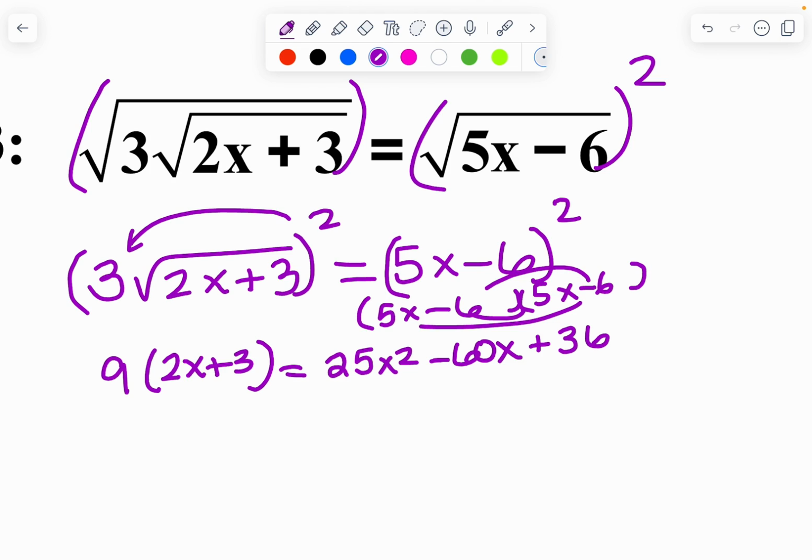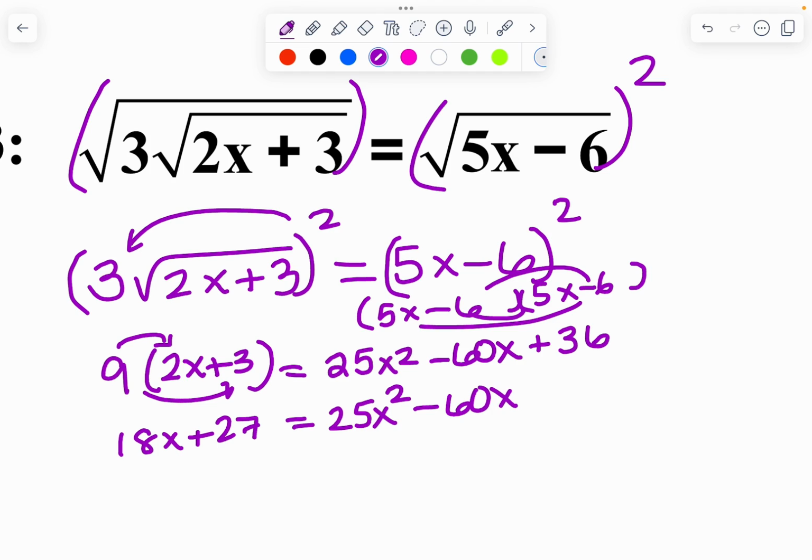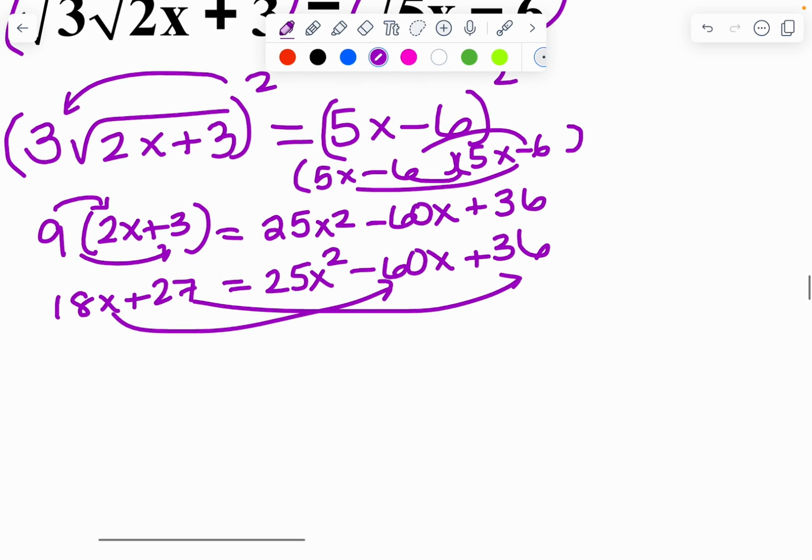Now again, I'm going to distribute this. So this is 18x, and this is 27. And then this I can just copy down. I want my x squared to be positive, so I'm going to bring this 18x over here and this 27 over here.